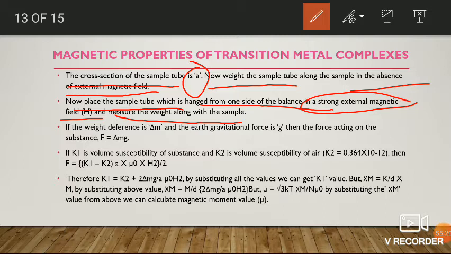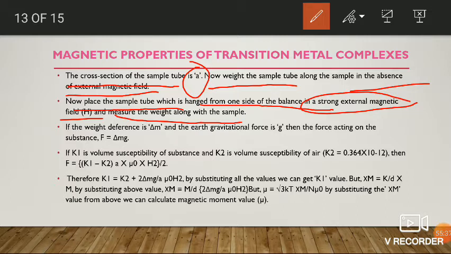Then we have to measure the weight of this sample tube in the presence of an external magnetic field. Then we get some difference in the weights of the sample compound if it is a magnetic compound.